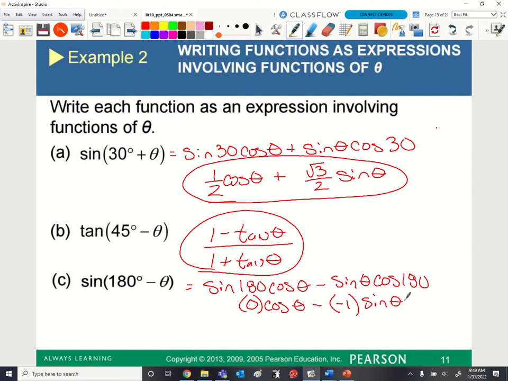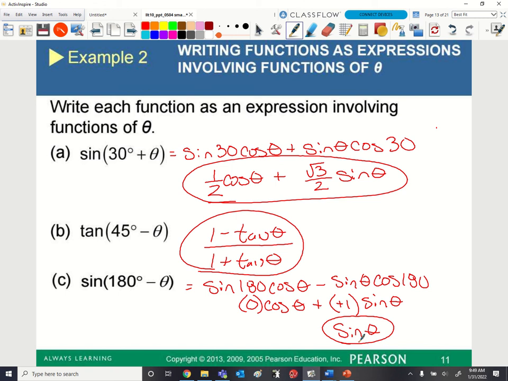Putting this all together, anything times 0 is 0, so that goes away, and then minus a negative makes this a plus, so it's a positive sine theta as my final answer. So there's my example 2.